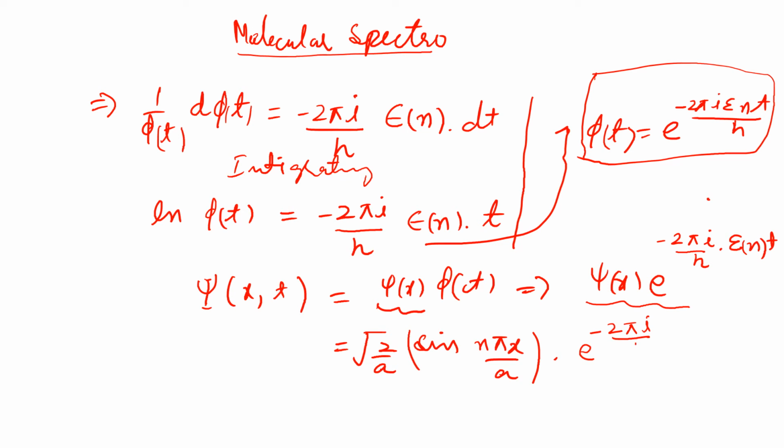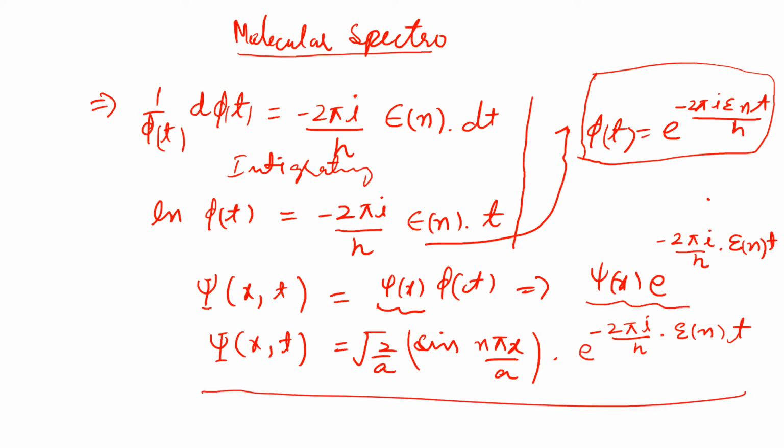We can multiply this with e to the power minus 2 pi iota by h into epsilon n into t, so we are ultimately finding the solution for this equation.